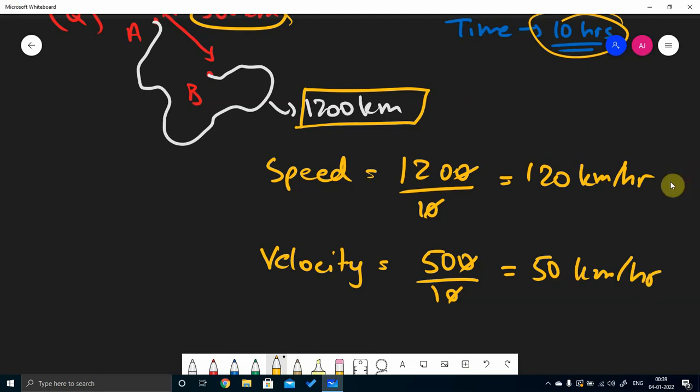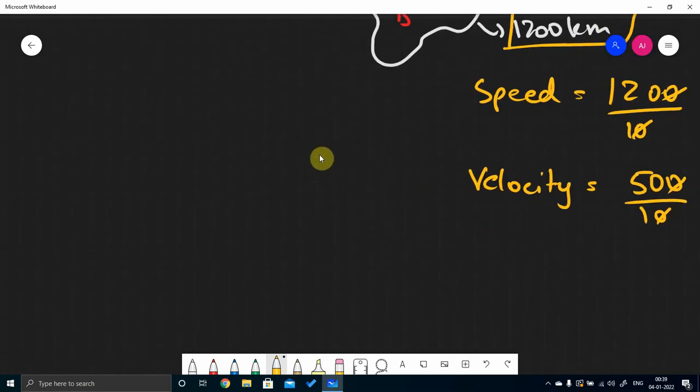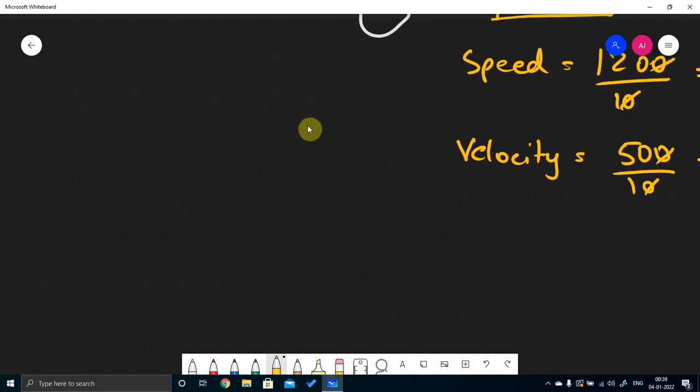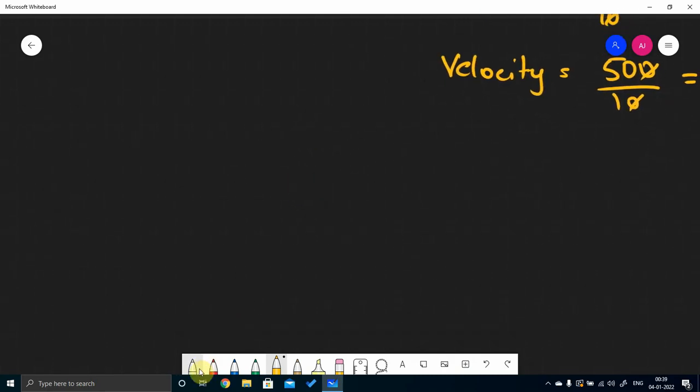All right. So this is how we do a basic question over here, just to give you an example of how you can use these two terms. Now we have different types of speed and velocity. First I'll go ahead and tell these terms to you so that you get familiar with them.